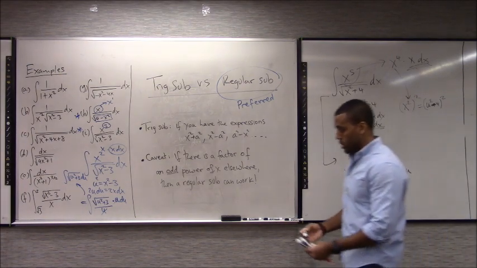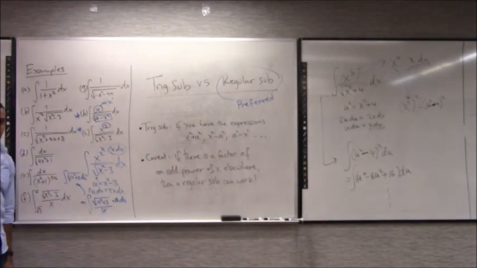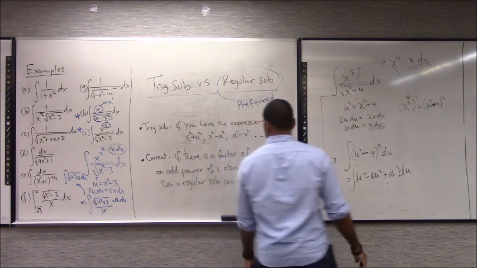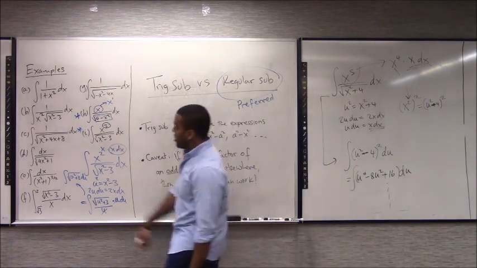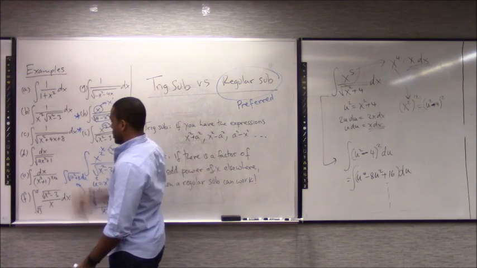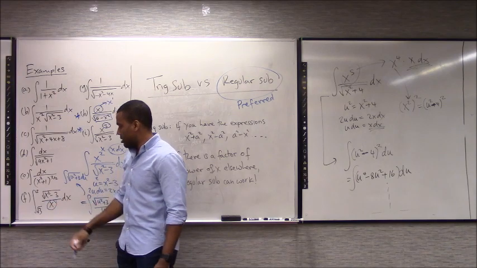So trig sub versus u sub. Look if there's an odd power of x somewhere else to help you out, and if there is, a u sub can work. If there isn't, there wasn't in this case, there wasn't in that case, there wasn't in any of these cases. I mean, here's an odd power of x, but it's in the denominator, so technically this is not what you want.